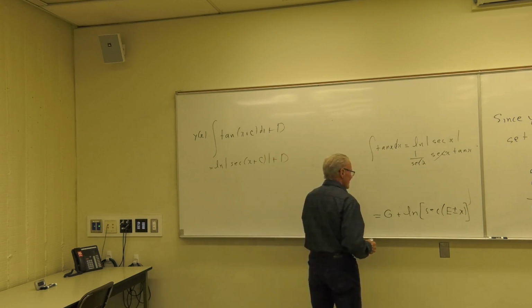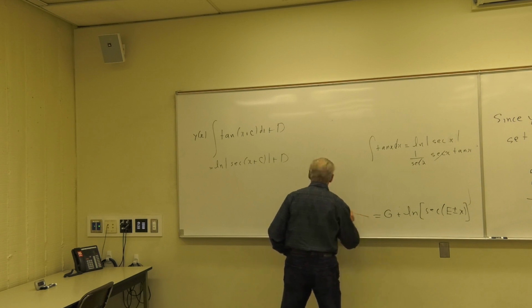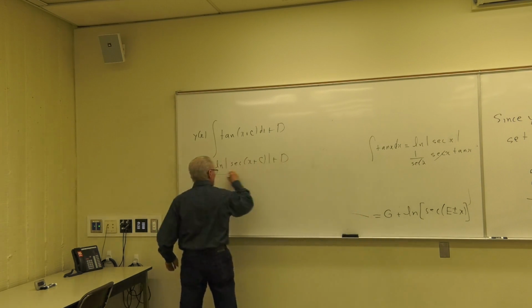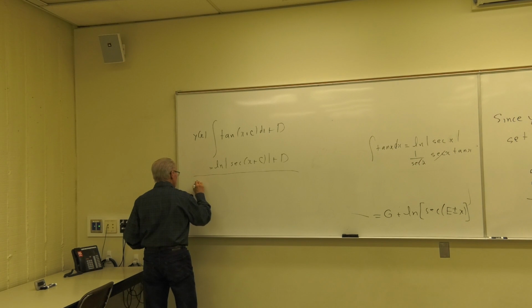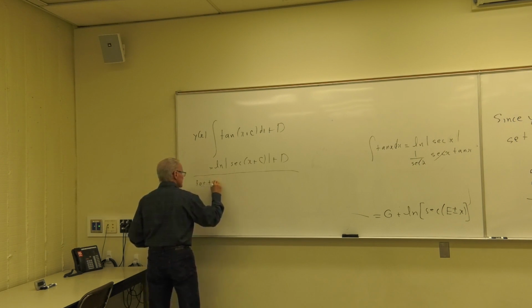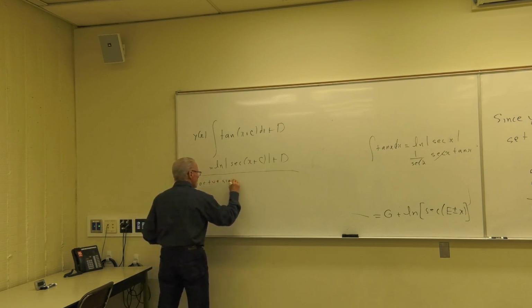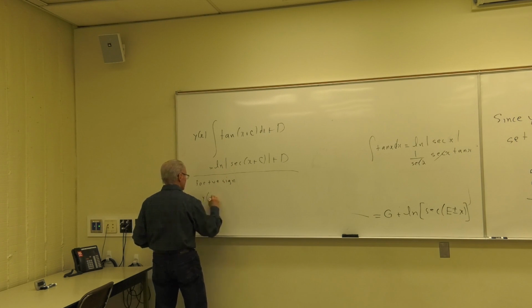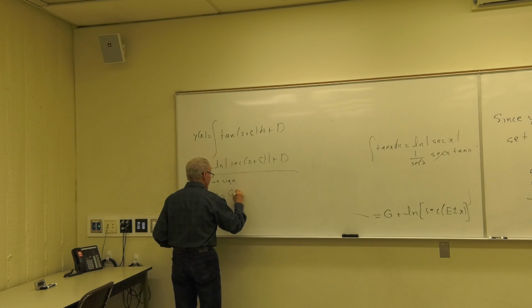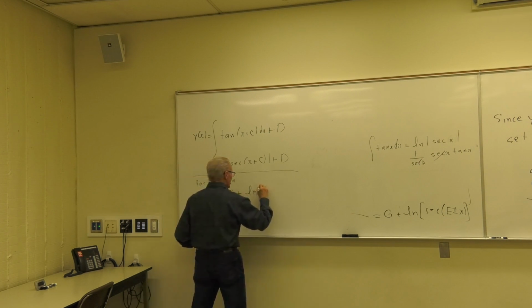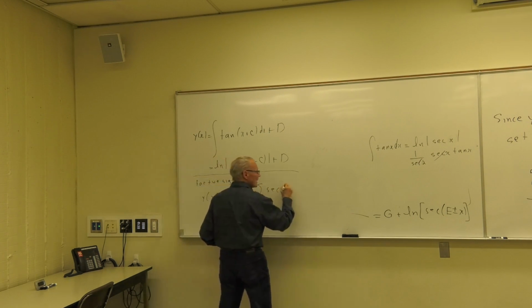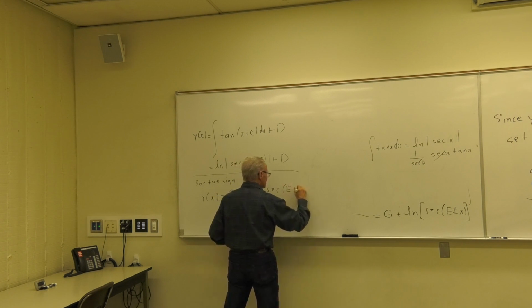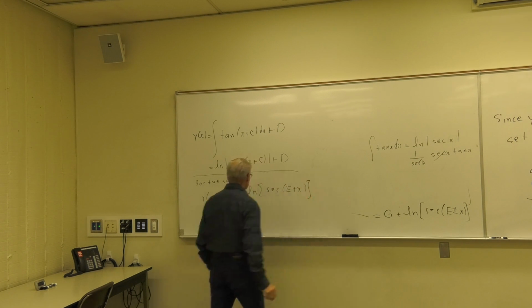All right. So let's take this one over here. For the positive sign, what are we looking at? y of x is equal to g plus the logarithm of the secant of e plus x.